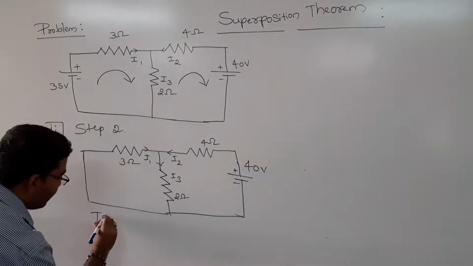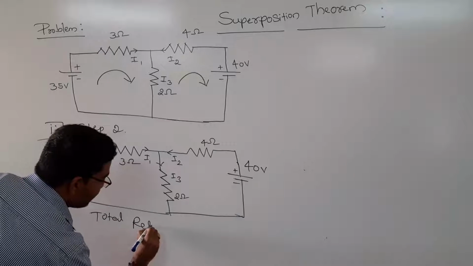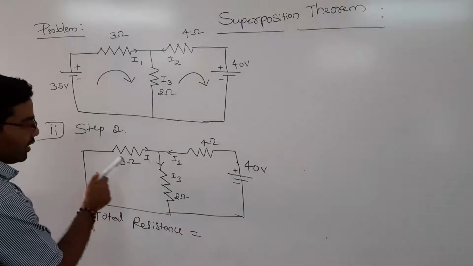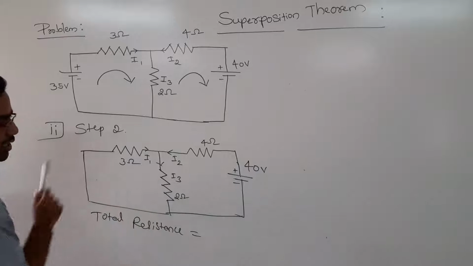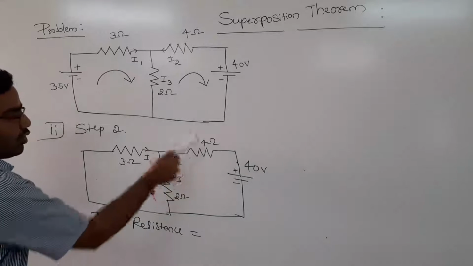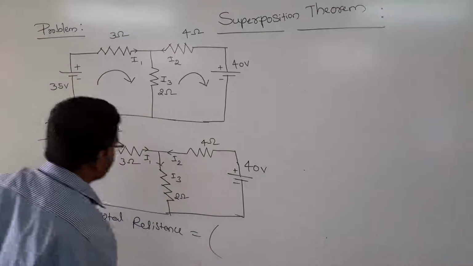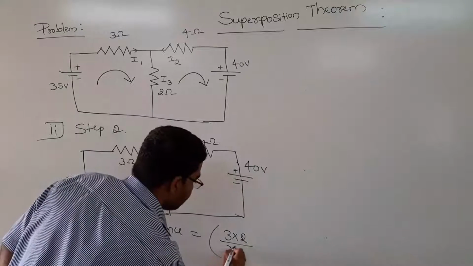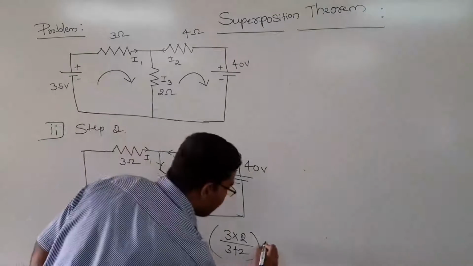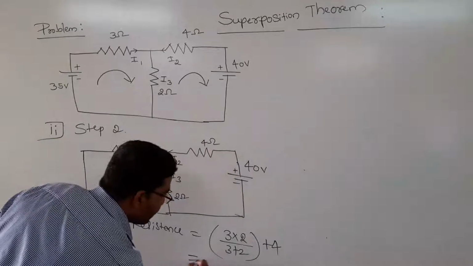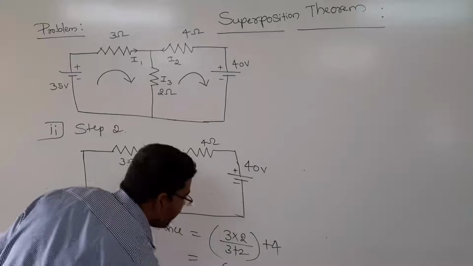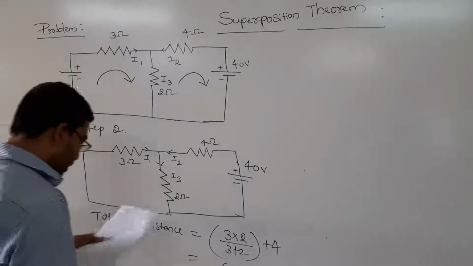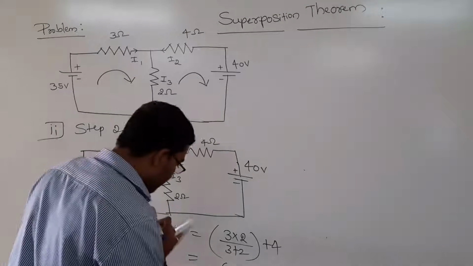The 3 ohm resistance and 2 ohm resistance are in parallel and the 4 ohm resistance is in series. Plus 4 ohm. 6 plus... 5 plus 4. Then I will get the total resistance value as 5.2 ohm.